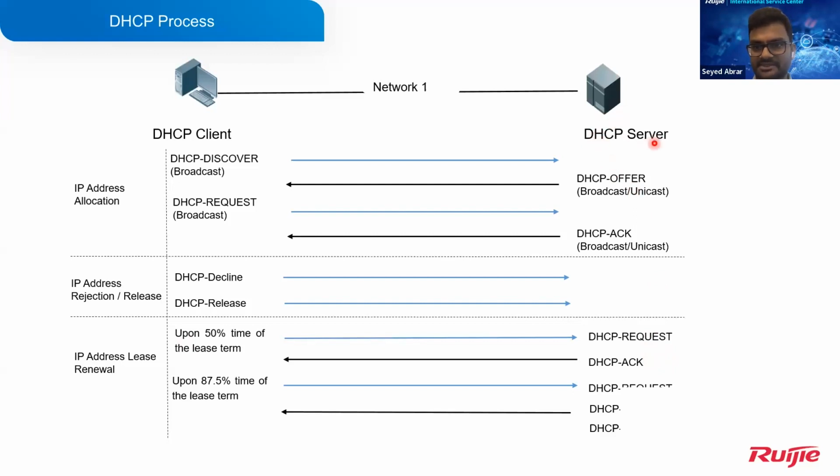Once the DHCP server acknowledges it, the IP address is renewed. Or it will wait for the next 87.5% of the time to elapse, then request again, and the server will acknowledge it. In that condition, your IP address will be the same, which is why you see the same IP address every time. In some cases it can be rejected, maybe because the address was assigned to some other client.